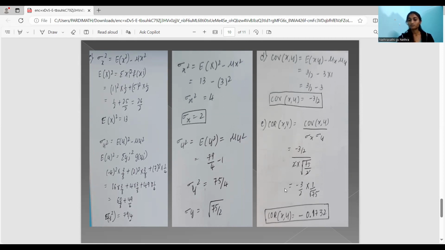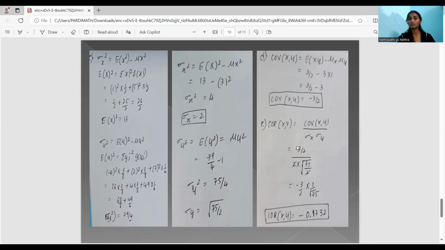After simplifying, we get the answer for the correlation of x and y is minus 0.1732.